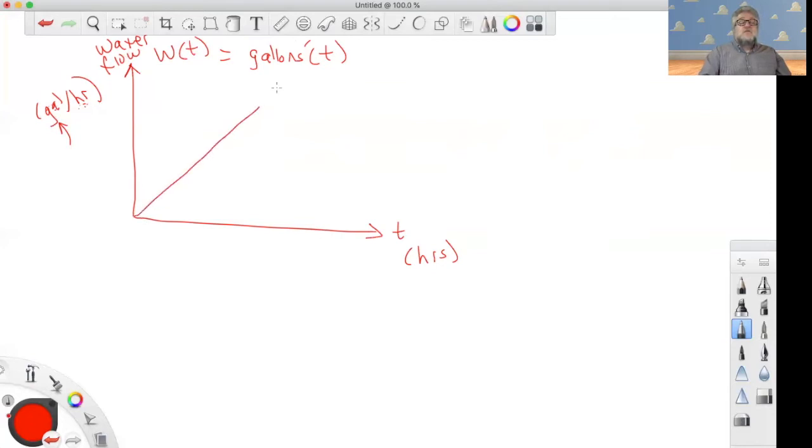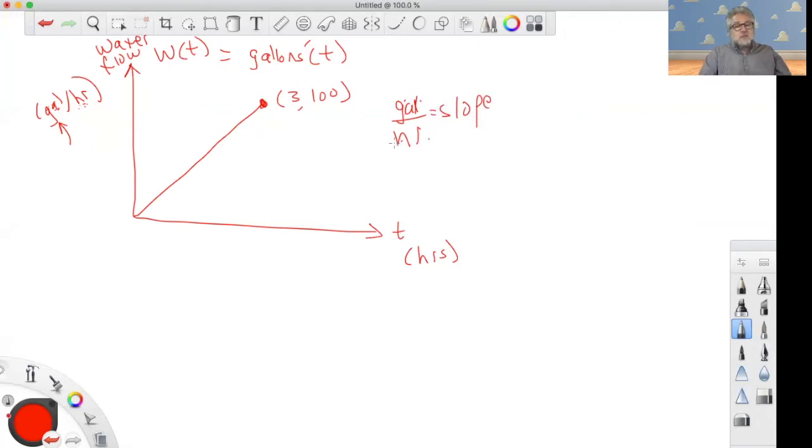But anyways, if I go up to here and I get to 3 hours, 100 gallons per hour, and I want to compute how many gallons have flowed out of there. If I want to go from gallons per hour, this looks like a slope thing to me, just like meters per second.